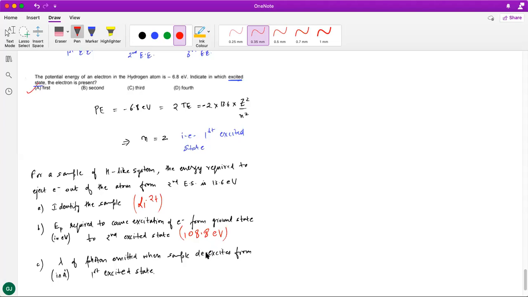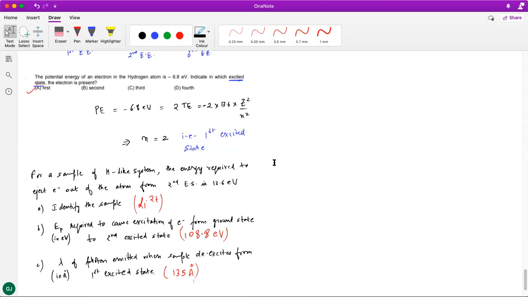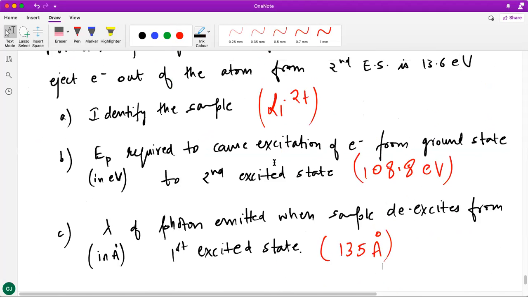And the last option's answer will be around 135 angstrom. Maybe somewhere you would have committed a careless mistake.